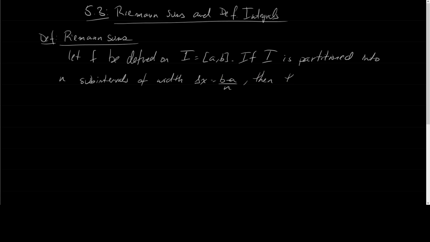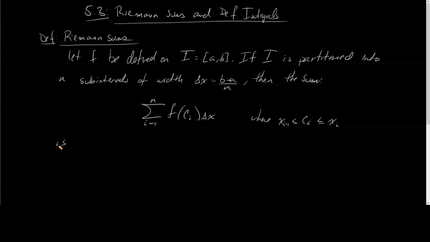then the sum, the summation from i equals 1 to n of f of c sub i delta x, where c sub i is just some point in the ith interval, alright? So some point in the ith interval.